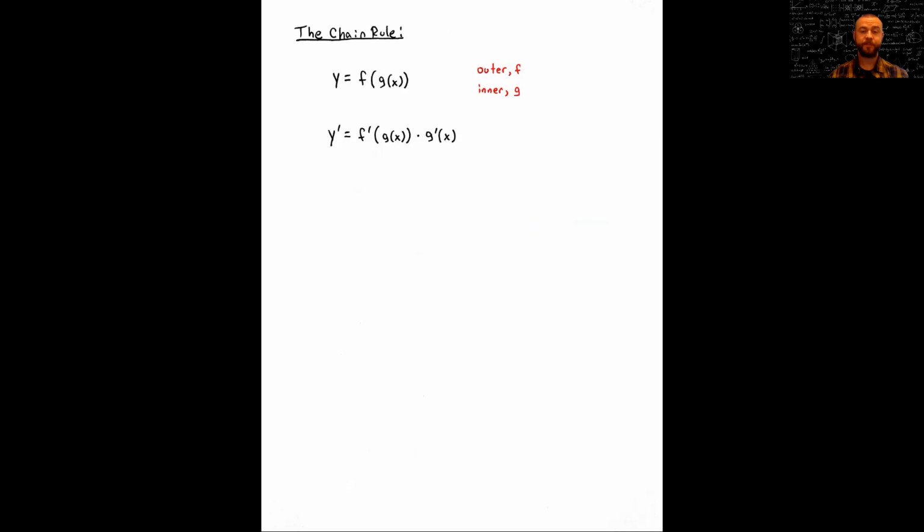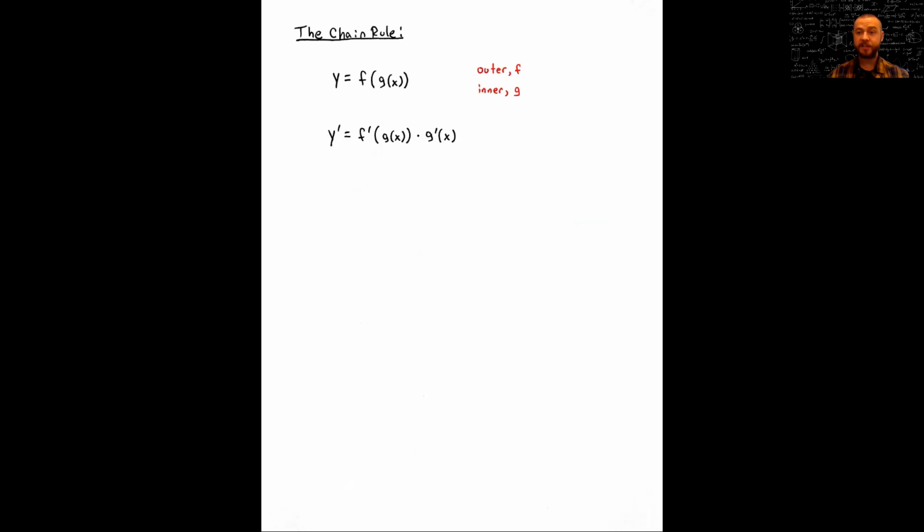All right, and here it is. Again, the chain rule is a rule for differentiating composite functions. We're usually going to write that as y is some composite f of g of x. We're going to refer to f as the outer function and g as the inner function.